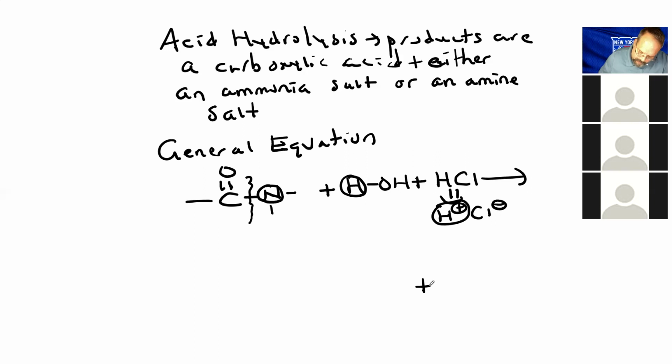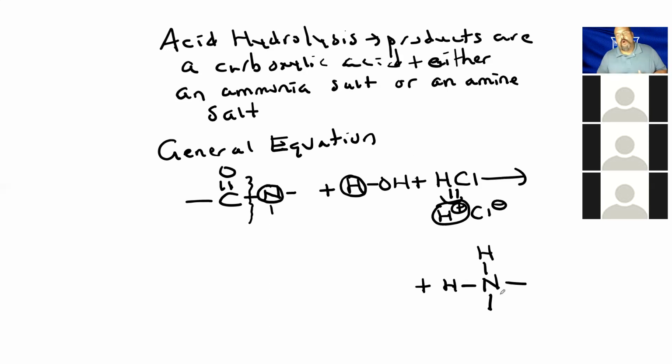So the nitrogen is going to have two things attached to it, which goes back to the original structure of the amide itself, the bond here and the bond here. But then the nitrogen is also going to pick up two hydrogens. Depending on what else is attached, it might have even more hydrogens than that, but essentially the nitrogen is going to pick up two hydrogens.